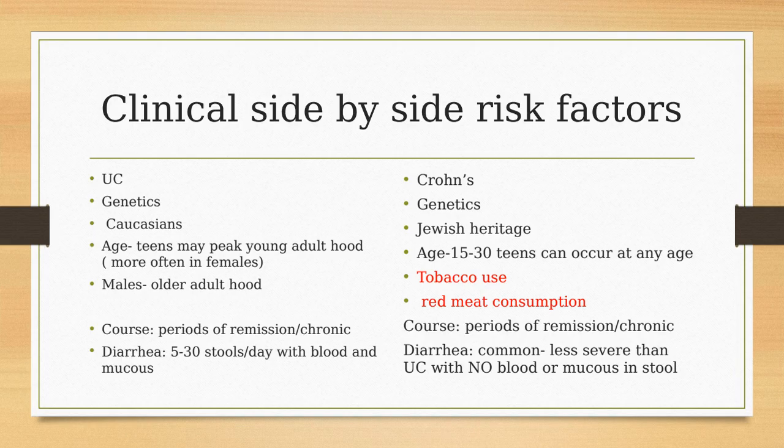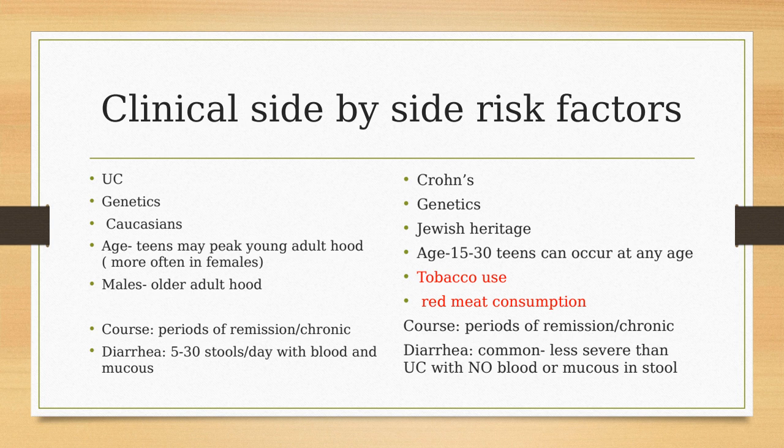With ulcerative colitis, if it's a predisposition, teenagers are diagnosed early in life, more often females. For men, it will be more in older adulthood.